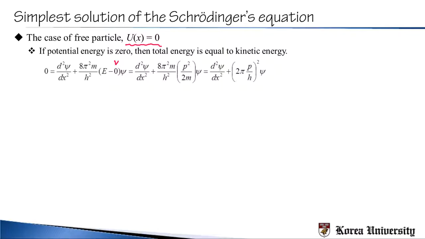And since the potential energy is 0, the total energy must be equal to the kinetic energy, right? So now instead of the total energy, we can insert the kinetic energy, which is p squared divided by 2m. And then we can rewrite this using a simple squared form like this.